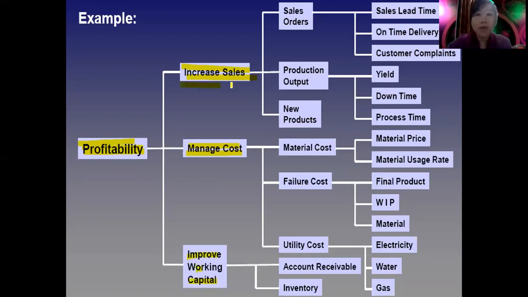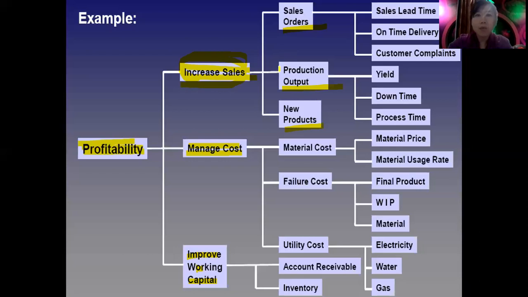Let's take one of the objectives, let's say increasing sales. We can increase the sales by improving the sales problem or production problem, or creating a new product.